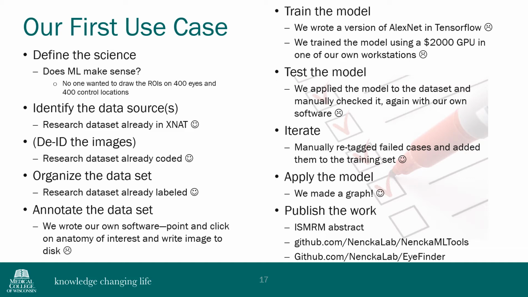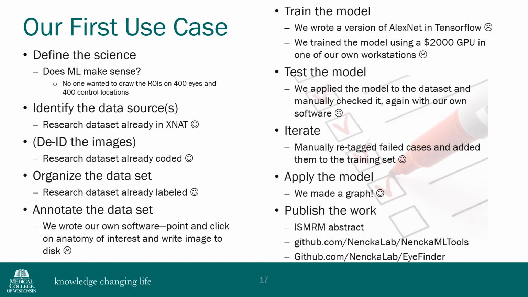Beyond that, we ended up training the model on a $2,000 graphical processing unit in one of our own workstations, which was used for the first time really for general purpose computing when we did this processing. We tested the model, applied it on a data set, and manually checked it, again writing our own software to take a look and see how those results ended up coming through.